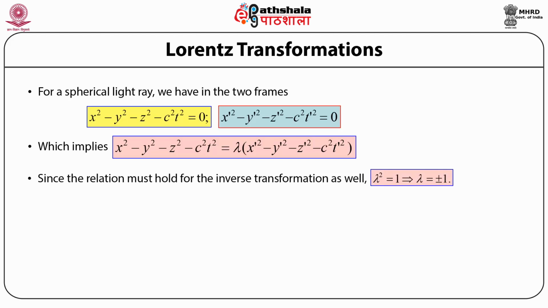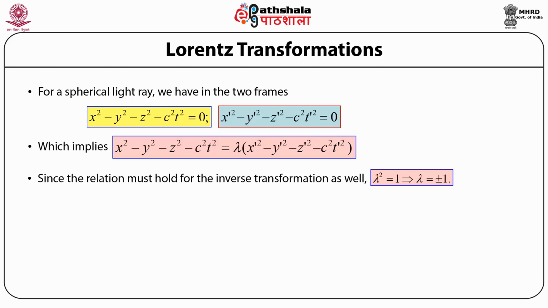And since this relation must hold also for the inverse transformation, we see that lambda square is equal to 1. This we will get if we substitute the value of x prime square minus y prime square minus z prime square minus c square t prime square in this equation in terms of x square minus y square minus z square minus c square t square.